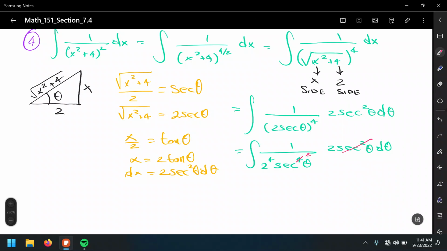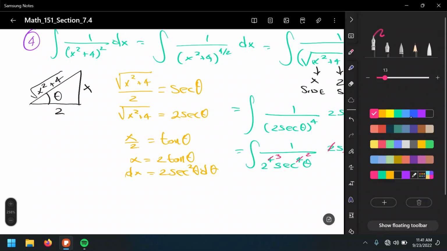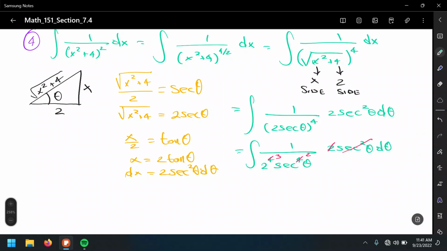Alright? On the other hand, 1 factor of 2 divides out with 1 out of the 4 to leave us with 3. We may now simplify this. Now, what's 2 to the 3rd power? Isn't that 8? And secant squared.